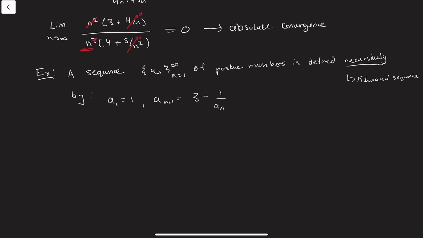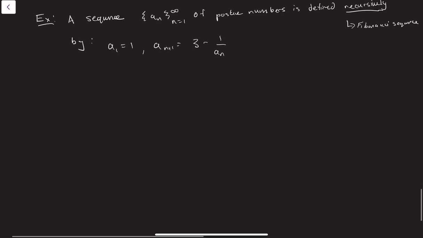Where the way to get the next value of your sequence is you need to have some sort of relation to the previous values. So in this case, you can see that the next term, n plus 1, is 3 minus 1 divided by the previous term. So we want to prove that an is less than an plus 1 for all n an element of the natural numbers.